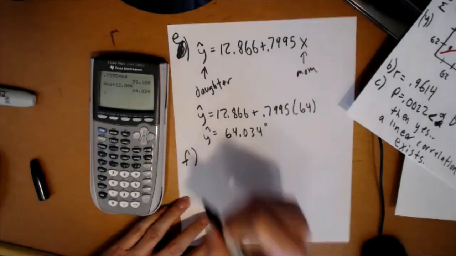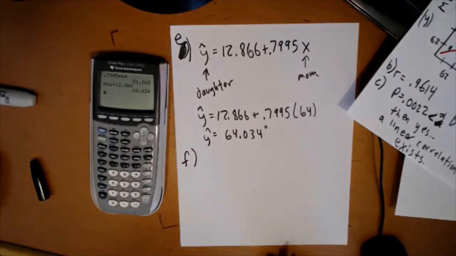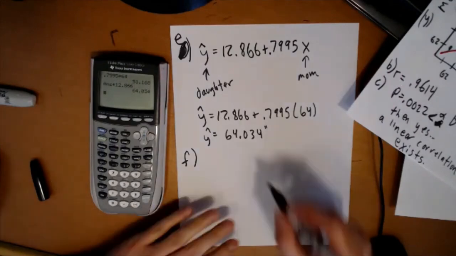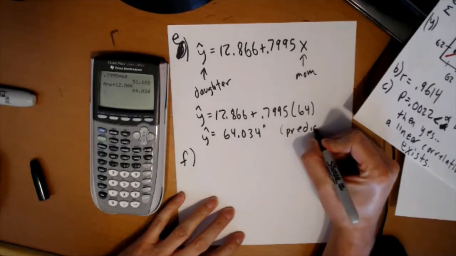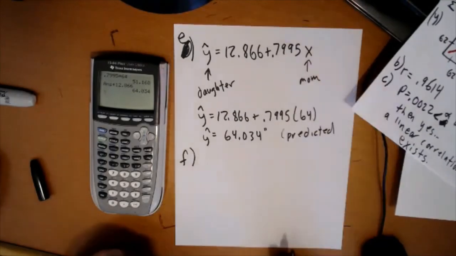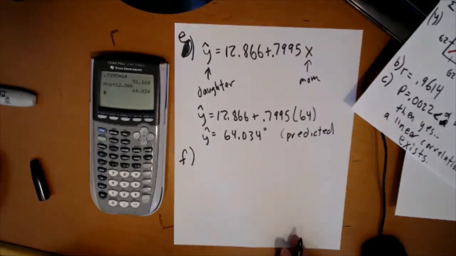Part F says, calculate the residual for when a mother is 62 inches tall. And then it says the residual is observed minus predicted. Okay, so this was our predicted, right? Using this formula gave us the predicted. And the observed is the actual data, right? Mom was 63, daughter was 62. Mom was 65, daughter was 64.